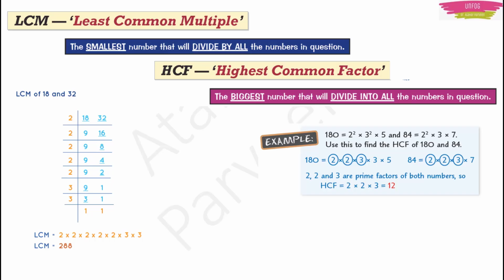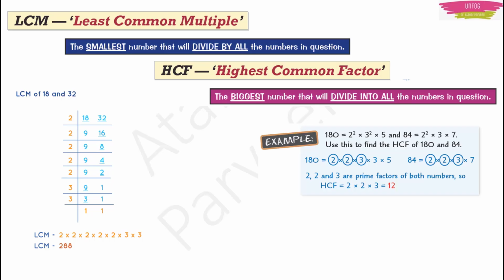Again for 84, what all numbers you multiply, you start from 2 always. After 2 you go for 3. Do LCM here also. Then you write the 2 numbers separately and then write down their factors. Then you see what all factors are common. Here 2, 3, these much are common, right? In both 180 and 84. 3 and 5 and 7, they are not common. So leave them. Whatever are common, you take them and multiply. This will give you the highest common factor.